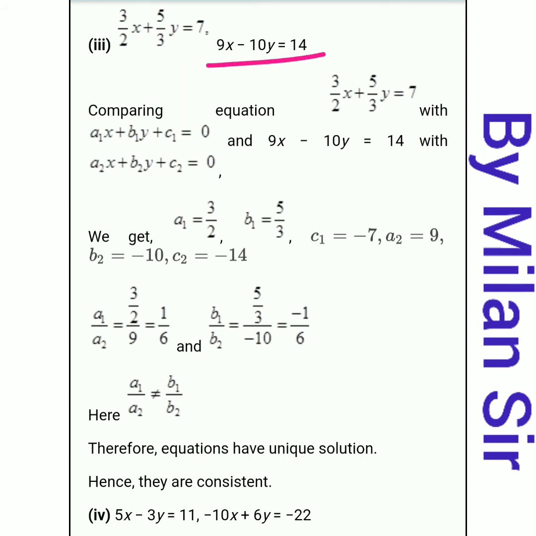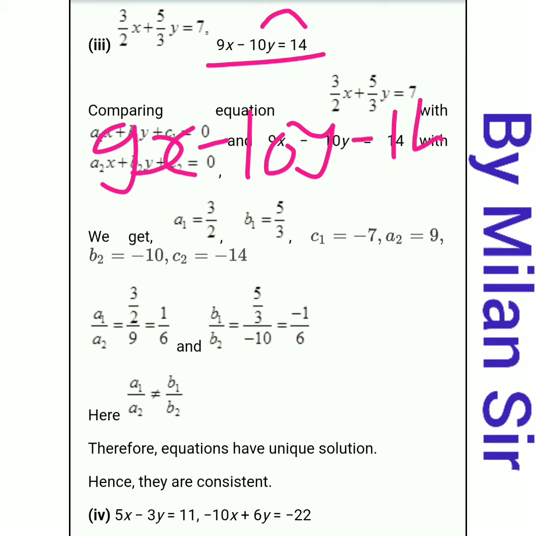Okay, then the second equation: 9x minus 10y is equal to 14. So first of all convert this equation into standard form. So we can write like this: 9x minus 10y, then transfer this 14 to the left hand side, so minus 14 is equal to 0.